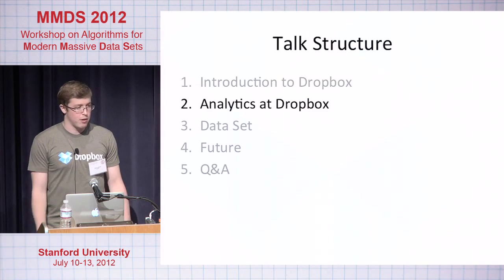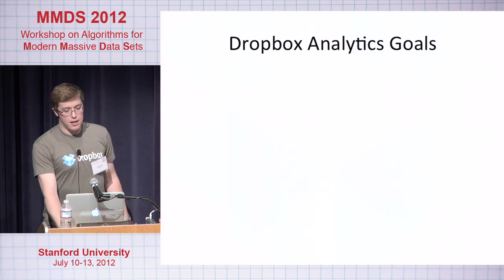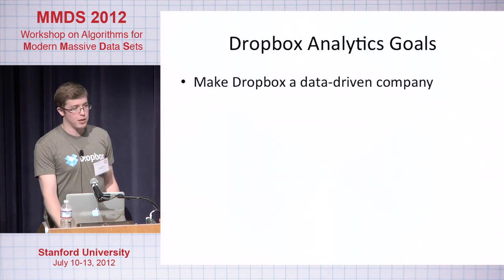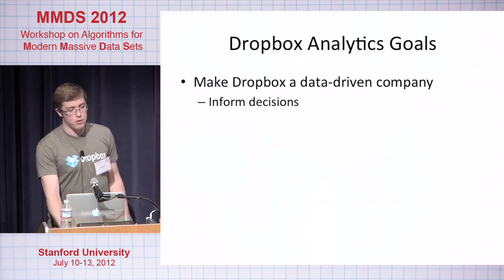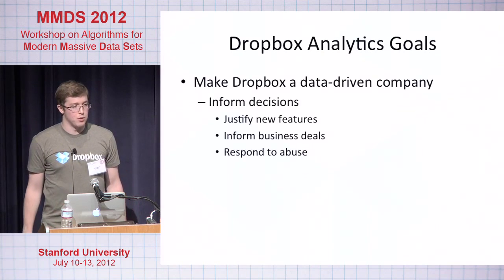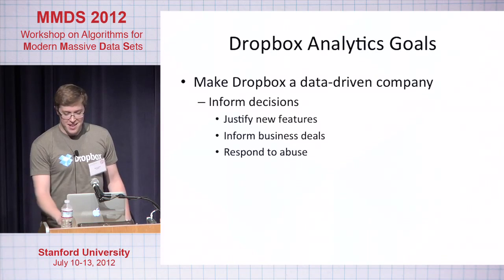Now let's talk about what we're trying to do with analytics at Dropbox. At a high level, we want to make Dropbox a data-driven company, and we do that in two big ways. The first is we try to inform decisions. This could be justifying new features, or informing business deals, or even responding to abuse by the users we know and love.